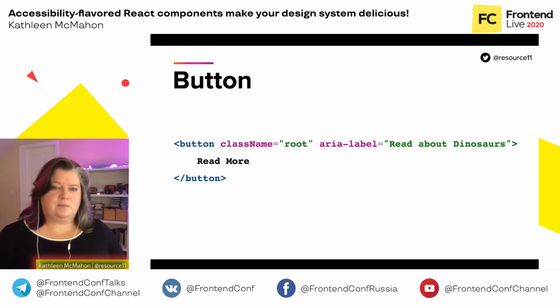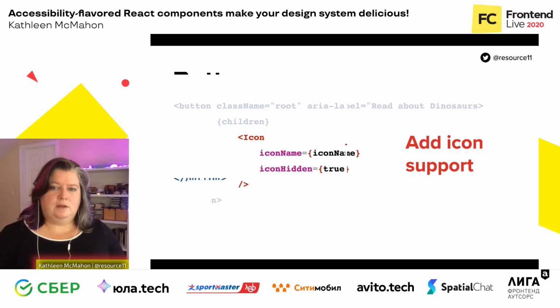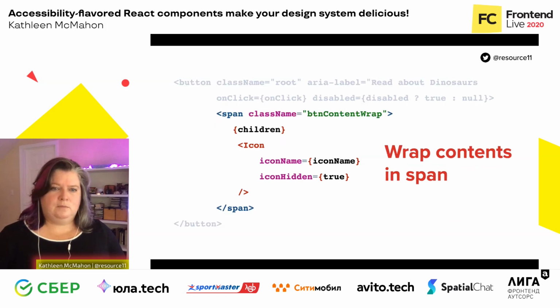This is an accessible button in JSX. If we want to support text buttons with icons, we mix in our icon component. And we wrap the button children and that icon with a span for positioning. Notice again, we're using a span, which is an inline element inside this button component.